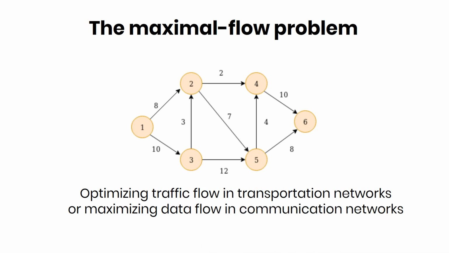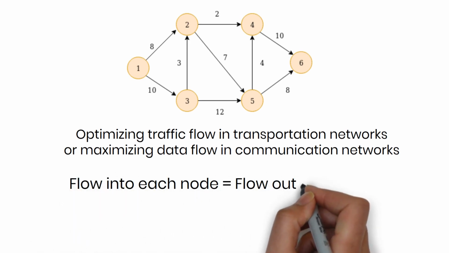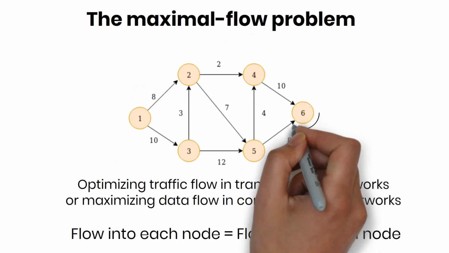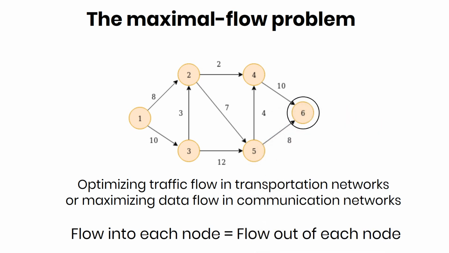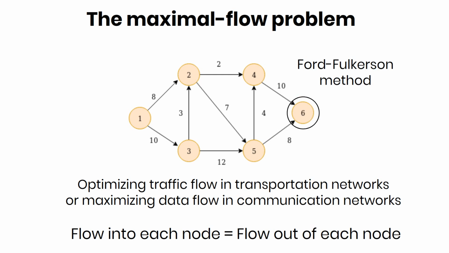The formulation involves defining decision variables for the flow on each arc of the network and setting up constraints to ensure that the flow into each node equals the flow out of each node, except for the source and sink nodes. The objective is to maximize the total flow from the source to the sink. Algorithms such as the Ford-Fulkerson method or linear programming can solve this problem efficiently.